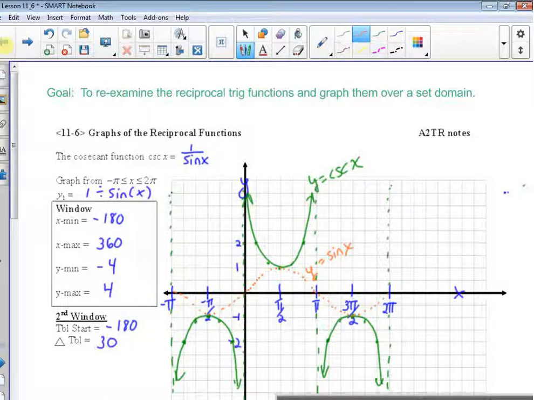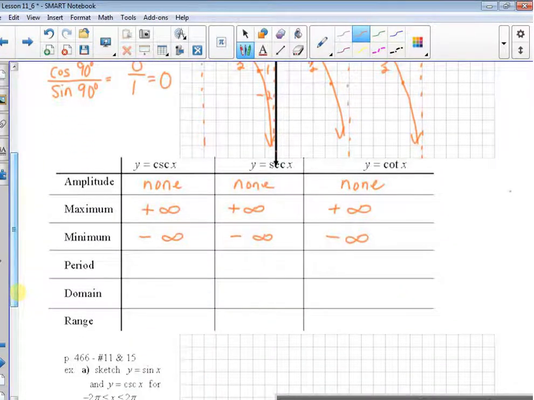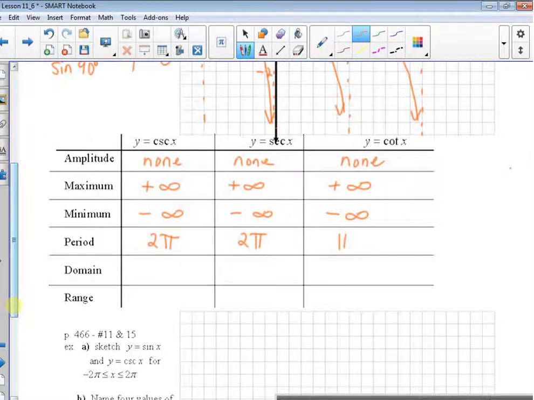So it should be a period of 2 pi. And the same thing for secant. But if you look at cotan, these repeat every 180 degrees, or pi radians.